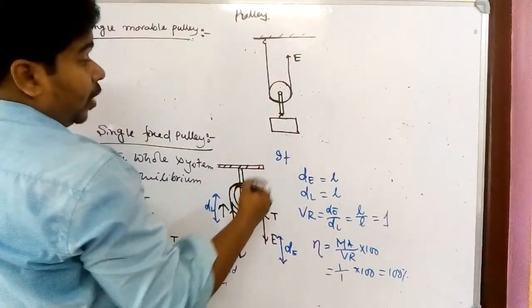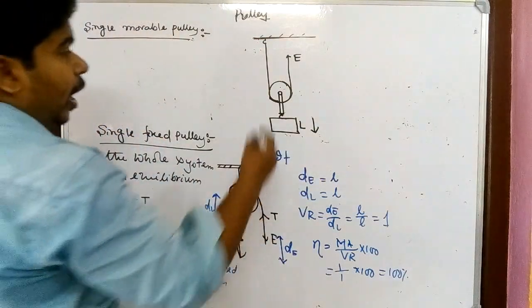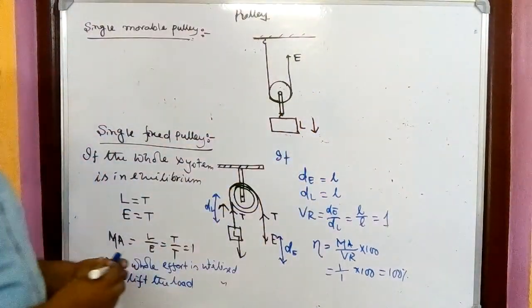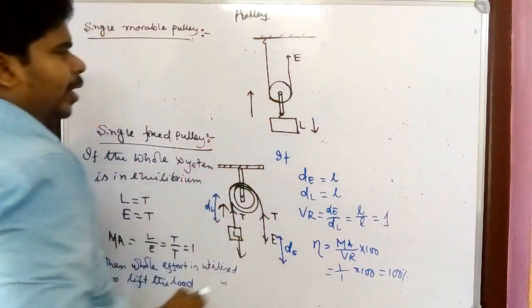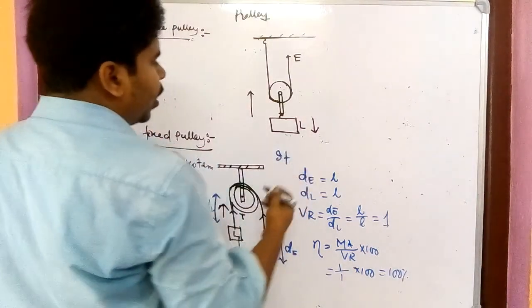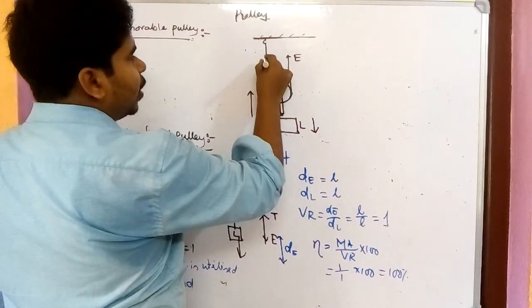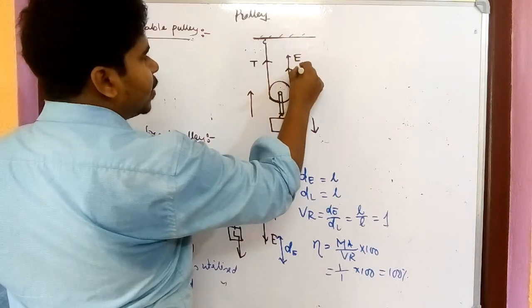So the load is acting downward, and you are lifting the load. That means in whichever direction you apply effort, the load is also lifted in that direction. Generally the load is acting downward, but as you apply effort, the load lifts upward. So the load is acting downward, so the tension will be acting upward. Here is the tension, here is the tension.